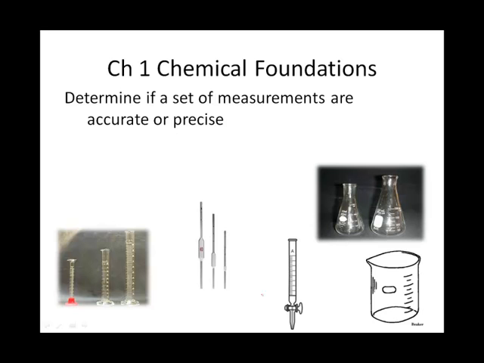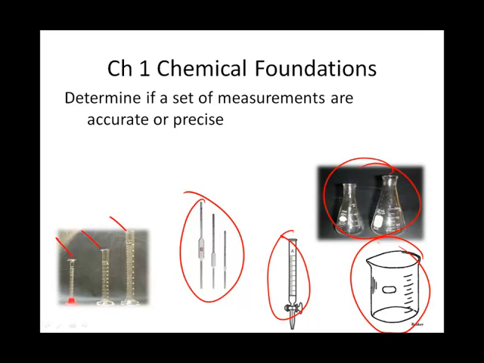Determination of accuracy and precision. Now, the first thing I want to mention here is you should know the names of all these instruments. You know, these graduated cylinders, these are volumetric pipettes, this is a burette, Erlenmeyer flask, and beaker.